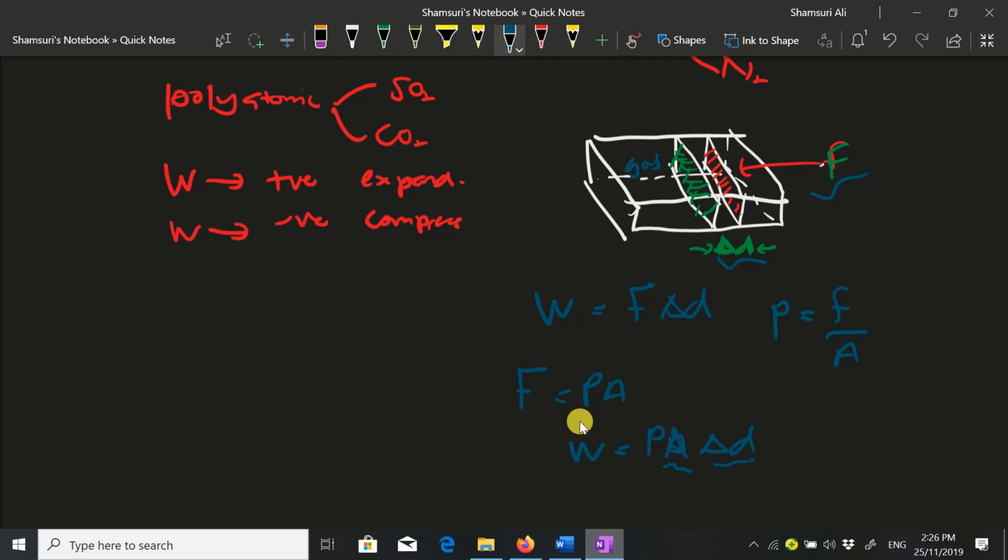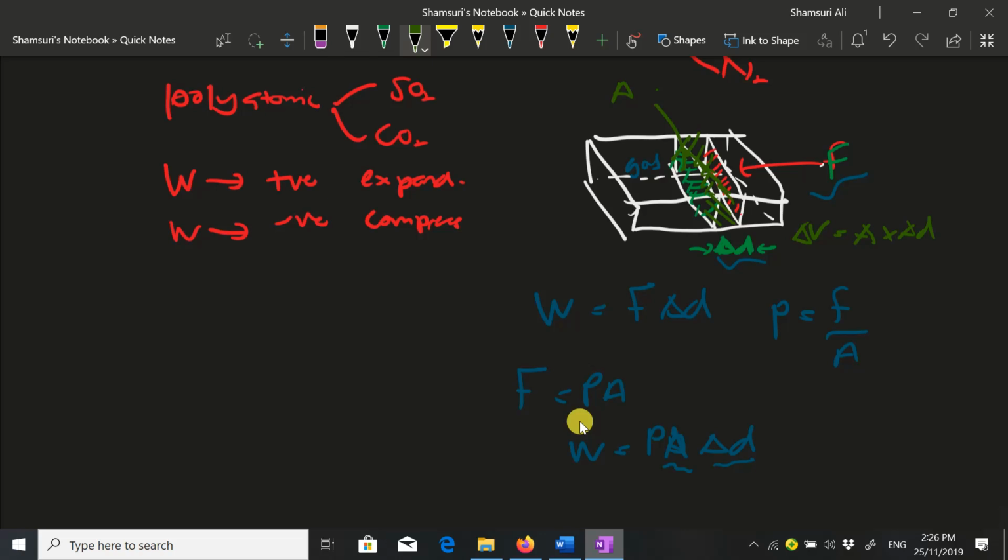So we can say that we have a volume. This area, times Δd, gives V equal to A times Δd, or ΔV can be A times Δd.